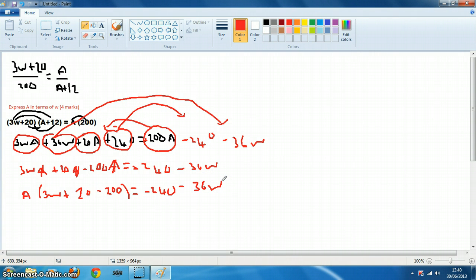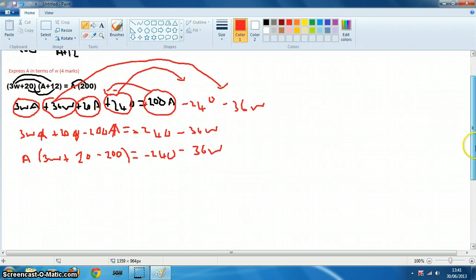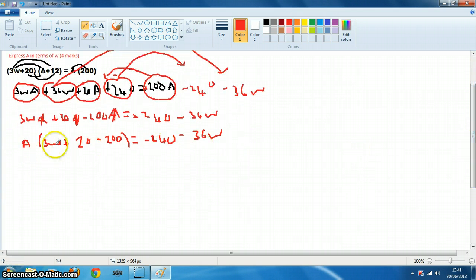What we then need to do is solve this bracket. We keep A on its own, and then in the brackets 3W just stays on its own because there's nothing we can do about the 3W; there are no like terms that we can add or take away. Now we need to do positive 20 minus 200 because they're the same like terms.